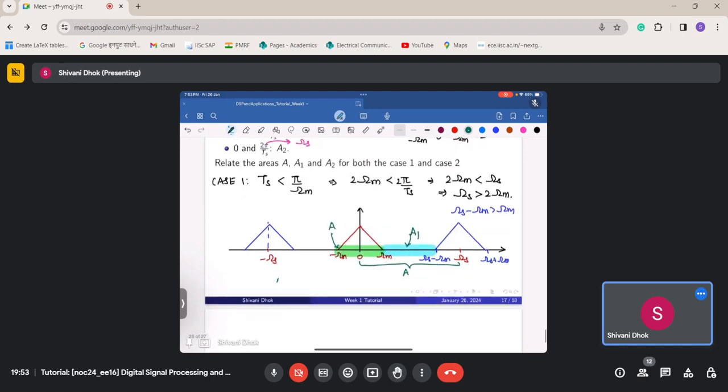So this A2 will be equal to this area plus this area plus this area. Due to symmetry, this area is A by 2 and this area is also A by 2. So this A2 is equal to A1 plus A by 2 plus A by 2, which is equal to A1 plus A. So this is the relation for case 1.